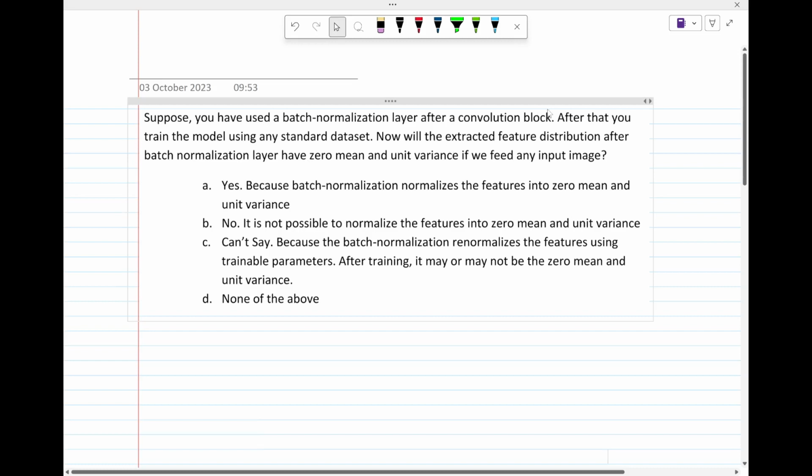So after a convolution block, you have used batch norm and you trained on some dataset. Now you give some random input image, and will the features that come out of the batch norm layer have zero mean and unit variance?